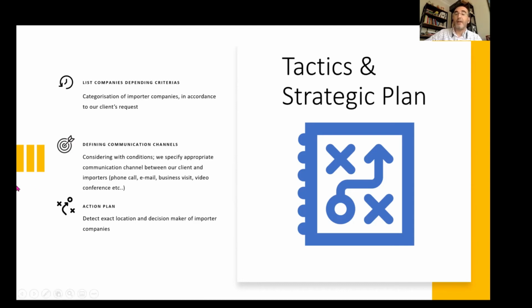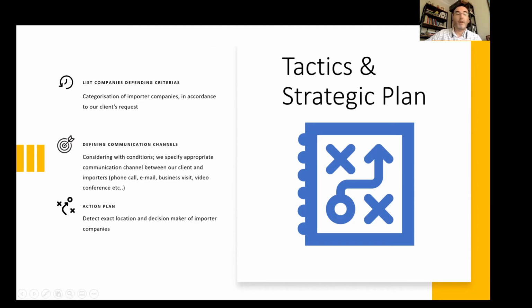And also we are advising them on some action plans related to finding the correct person in our potential importer companies. Nowadays there are many different methods to reach the correct person, and we are also giving some trainings to our customers regarding finding the correct person in the importer company.